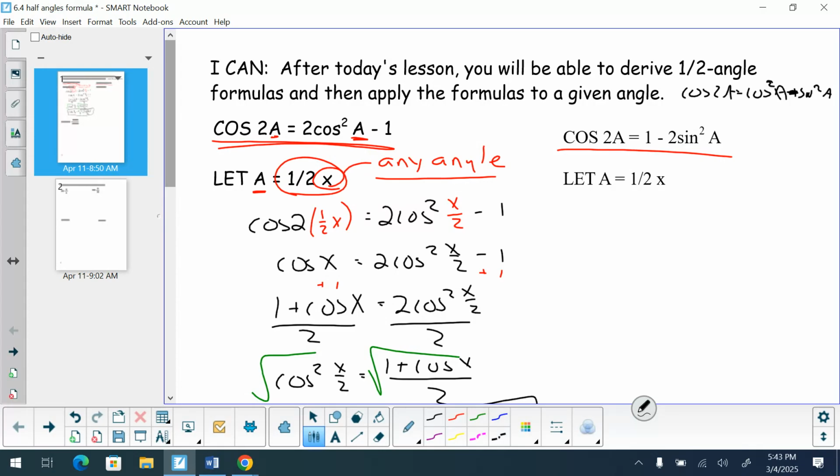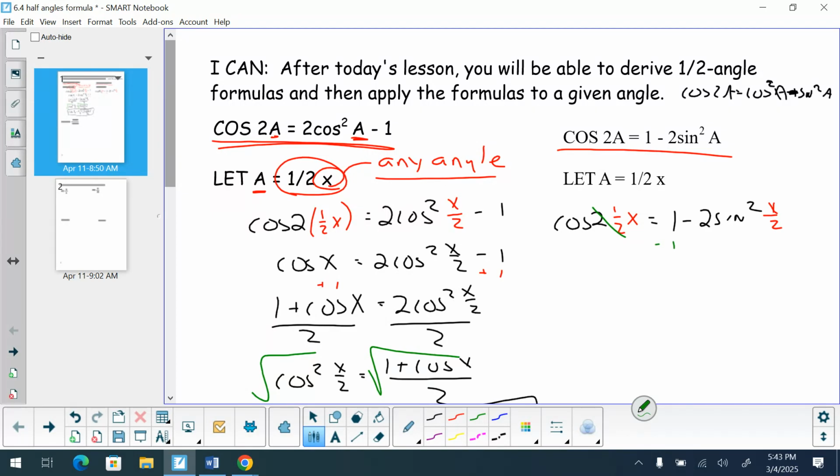Making our same substitution, we have the cosine of 2 times 1/2 x is equal to 1 minus 2 sine squared. I'm going to write it once again as x over 2. The 1/2 and the 2's once again will cancel out here.